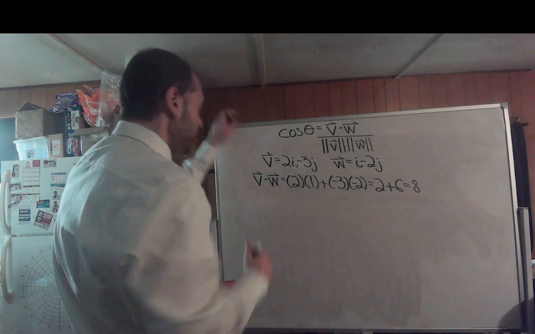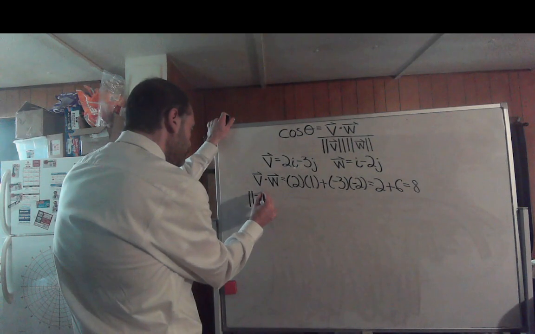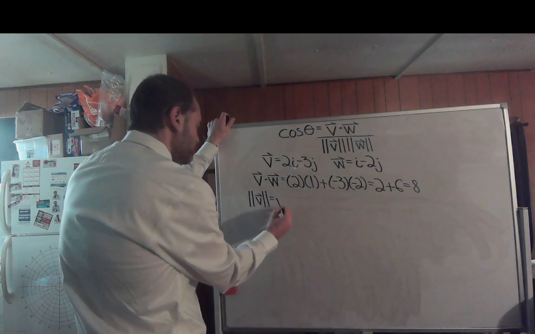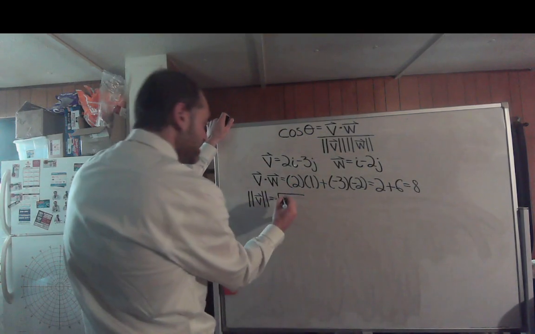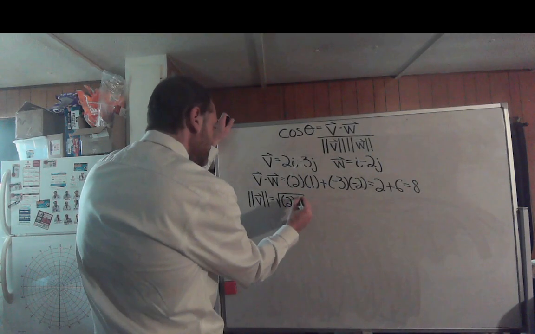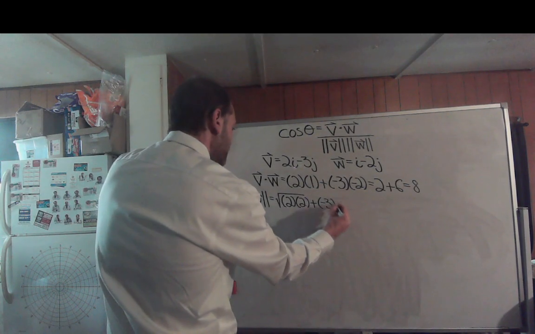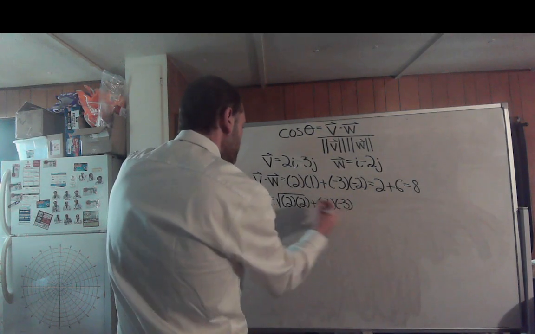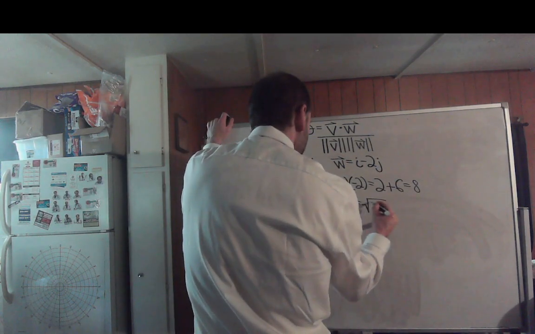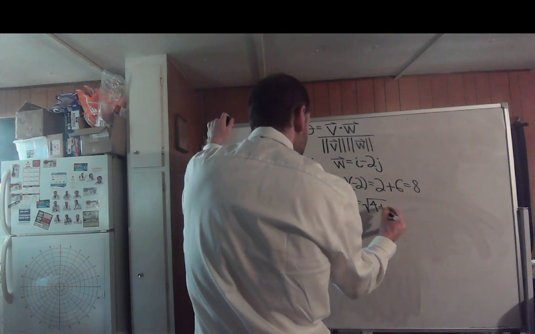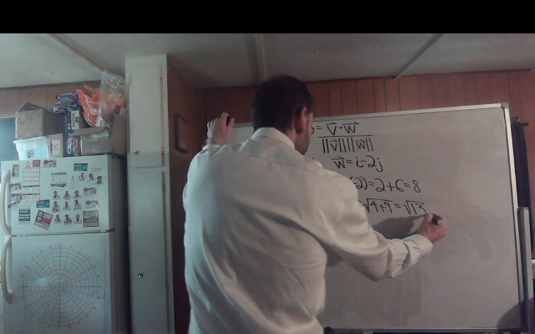Okay, let's find the magnitude of v. That's going to equal the square root of the dot product of v on v, which would end up being 2 times 2 plus -3 times -3, which would end up being the square root of 4 plus 9, or simply the square root of 13.